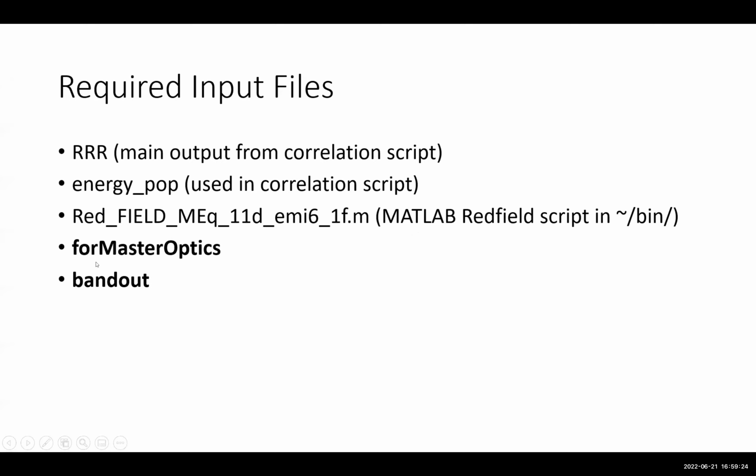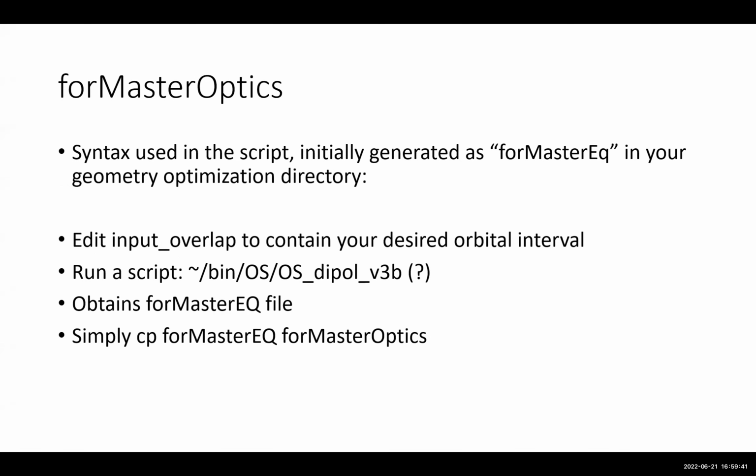But these two down here, for master optics and out, the script is going to need these to run, and getting them is not exactly apparent. So for master optics, it's syntax that's used in the script, but it's initially generated as for master equation in your optimization directory. So you're going to edit your input overlap to contain your desired orbital interval. You're going to run this script.